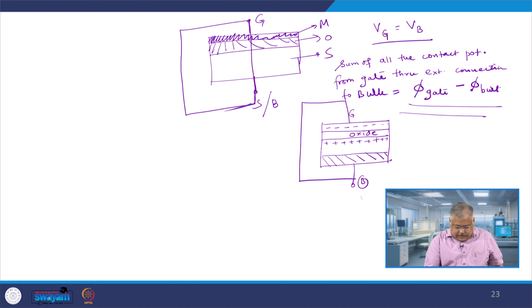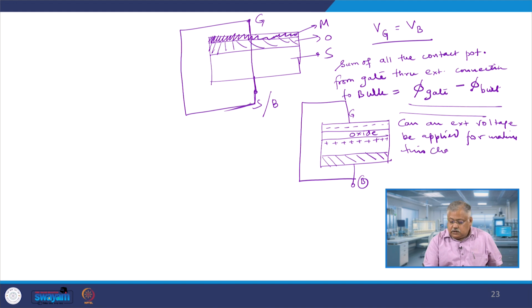So, the next question which you can ask is, can an external voltage be applied for making this potential or this charge go to 0.